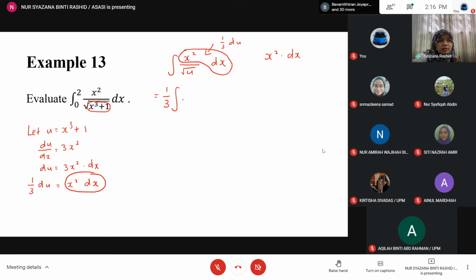Now, this is what we have. Yang ni kita dah gantikan dengan du. So basically, where do we put du? At the back. But do not leave this blank. So what should I put here? Tak boleh blank dekat sini. So nak letak apa dekat sini yang sesuai?